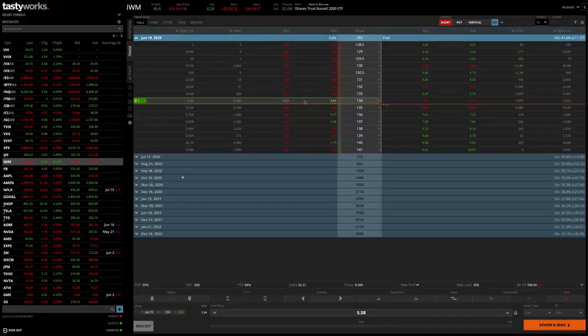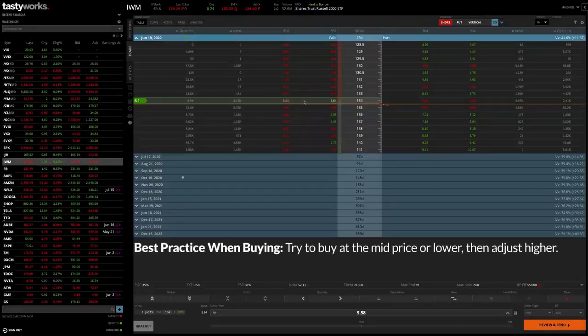But in most cases, you might not get filled on your trade at the mid price right away, and therefore you might have to adjust your order price to a price that is slightly more unfavorable for you. So if you are buying something, a slightly more unfavorable price would mean that you'd have to pay a little bit more.